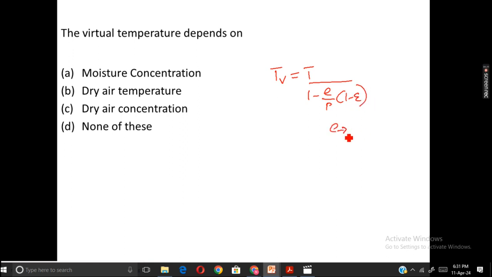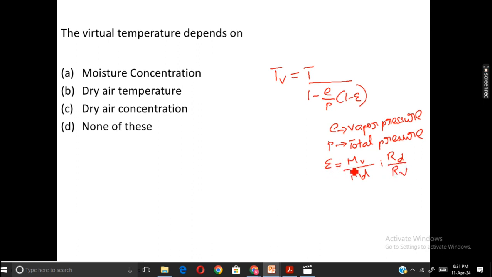E is the vapor pressure exerted by water vapor, P is the total pressure of the parcel, and epsilon is a constant which is defined by Mv by Md, Rd by Rv, etc. So that is epsilon.